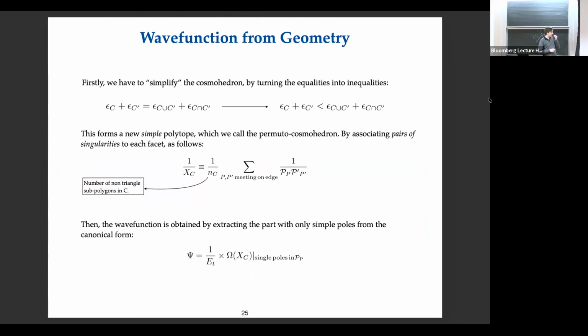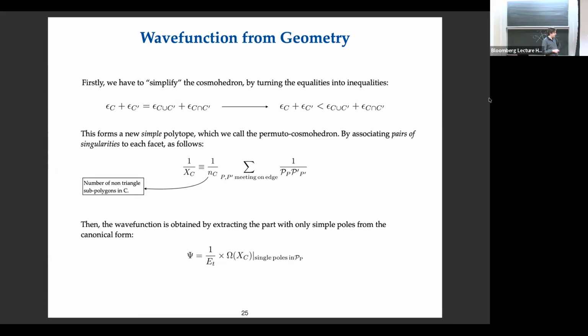To extract the wave function, well, it will not be a standard canonical form because we have these non-simple vertices. So we have to provide a different rule. This is the not so nice part, but still one can get the wave function by just blowing up every single non-simple vertex by turning these equalities into inequalities.